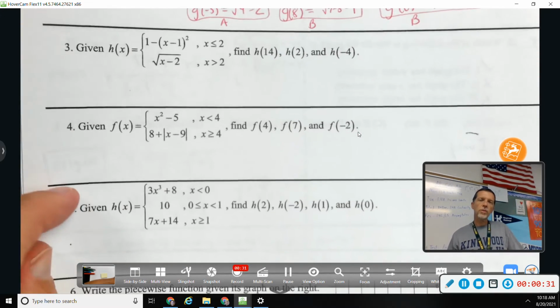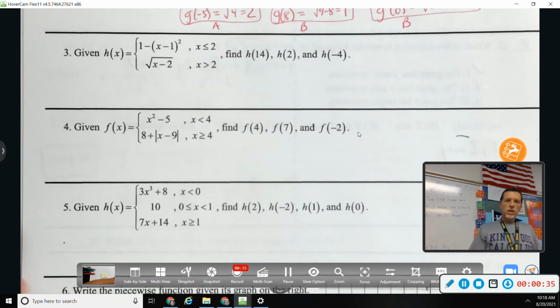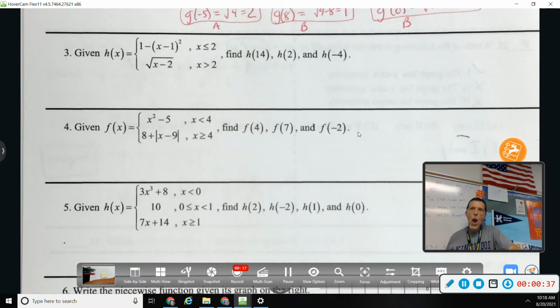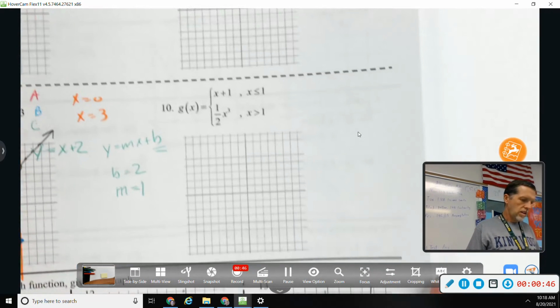So questions, we did some together. Questions you have from worksheet number 5? Yes? Number 10. Let's do number 10.